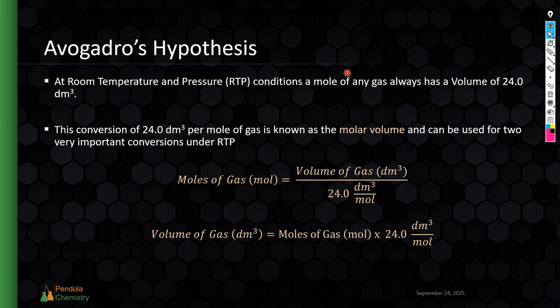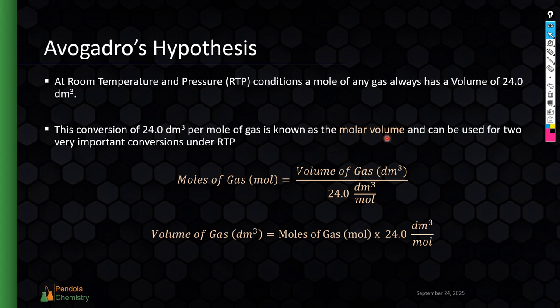It doesn't matter what the identity of the gas is. If that gas is under r.t.p. conditions, the volume of that gas, what we call the molar volume, the volume of 1 mole, will be 24.0 cubic decimeters. So the conversion of 24 cubic decimeters per mole of gas is known as the molar volume.